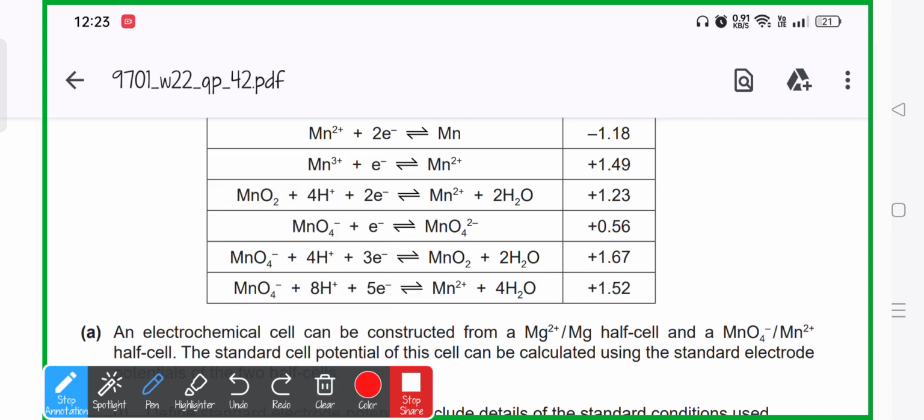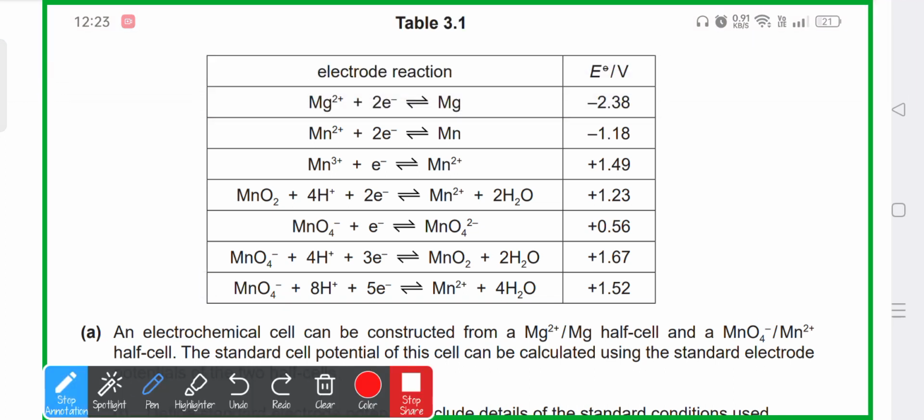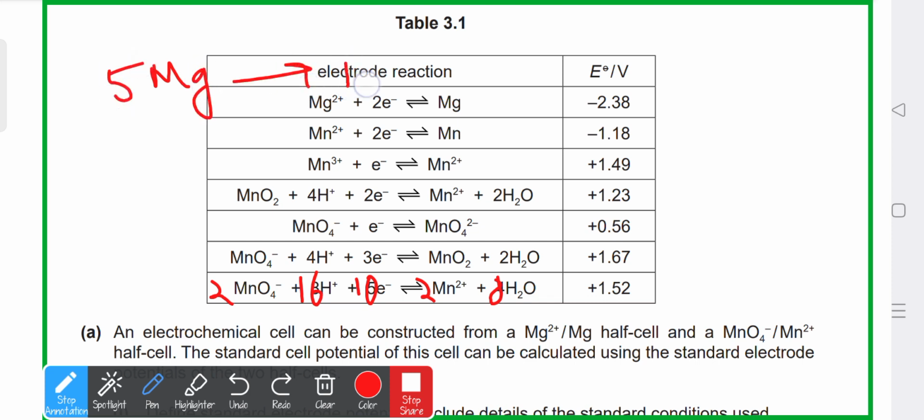Let me write them here. It will be 2, 8 will become 16, 5 will become 10, and 2 will become 8. And the original equation was Mg, which now gives us 5 Mg2+ plus 10 electrons.